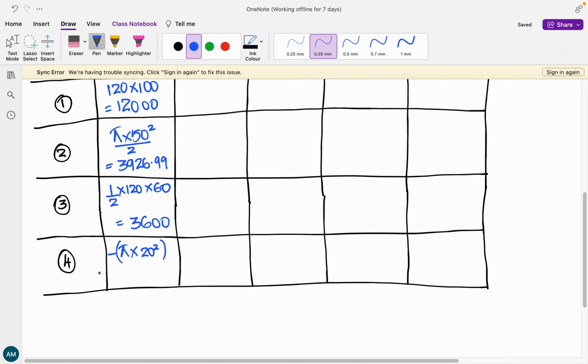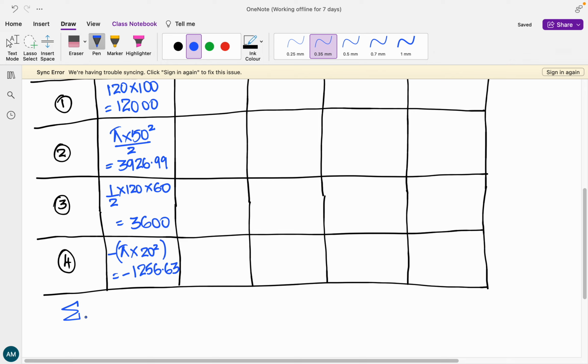This negative sign is extremely important. Please do not forget this negative sign. If we are cutting out, it means we are subtracting it from the given composite figure. Hence, writing that negative sign becomes very crucial. If you solve it, you will get an answer of minus 1256.63.